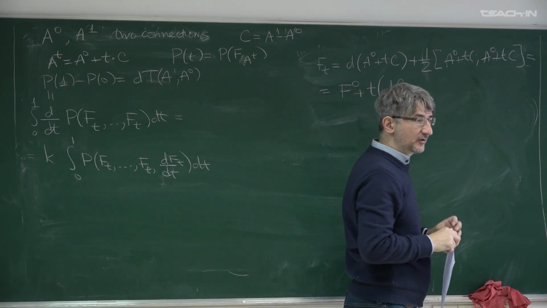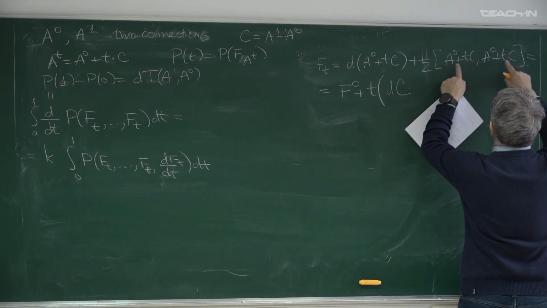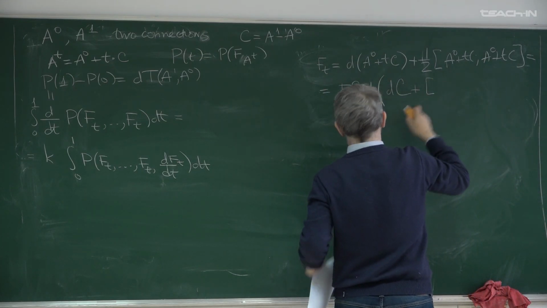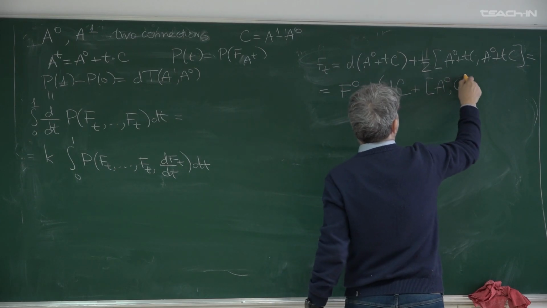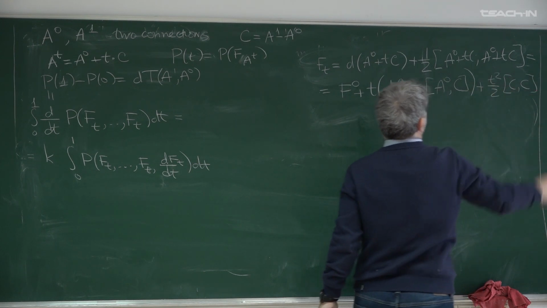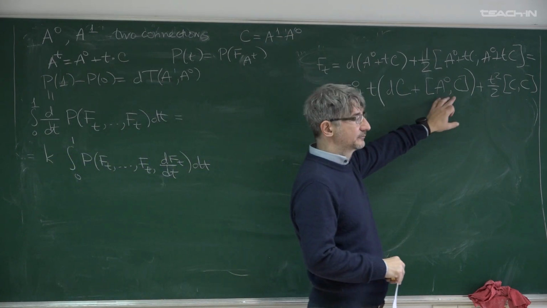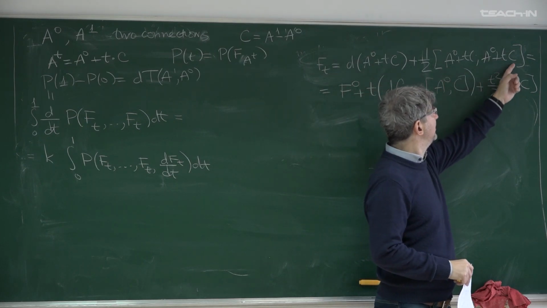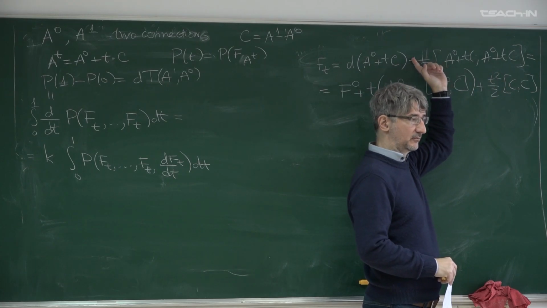Another couple of t's are here: c by a0 and a0 by c. The surprise is in this place, because you have a0 by c, c by a0, and both with a multiple 1/2.